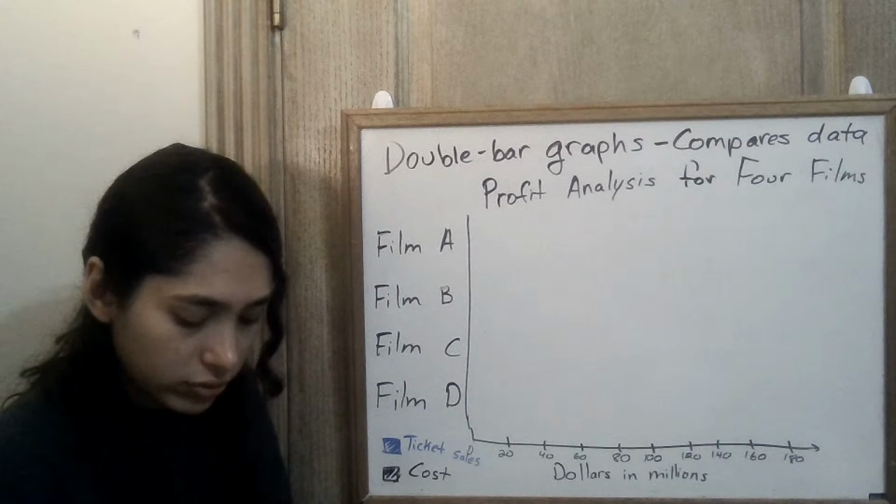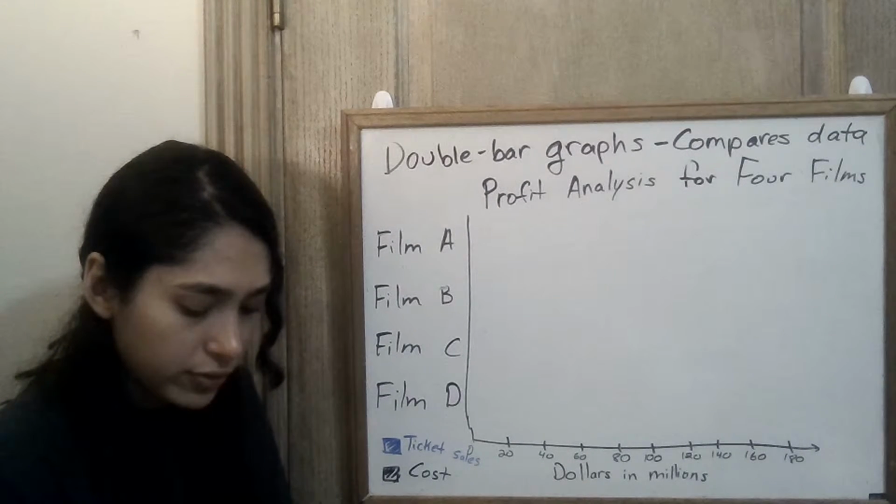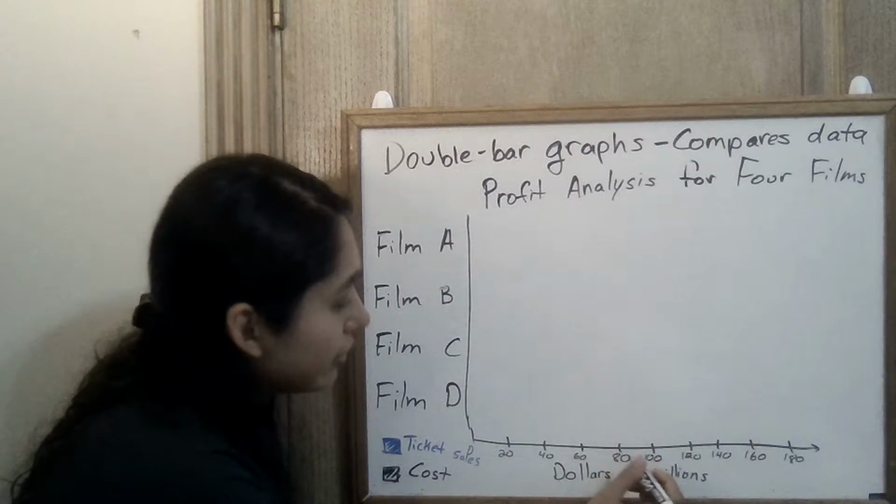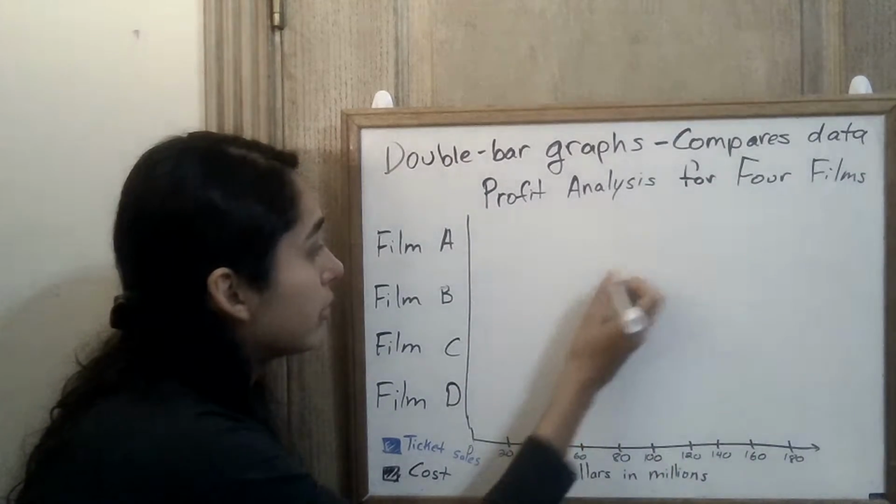So let's talk about this first film. For this first film, it cost a little more than $80 million. Goodness, that's a lot of money.